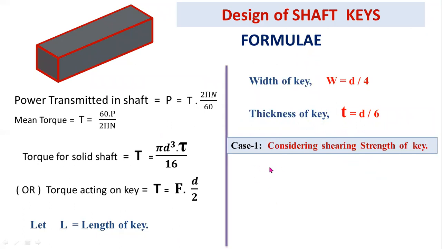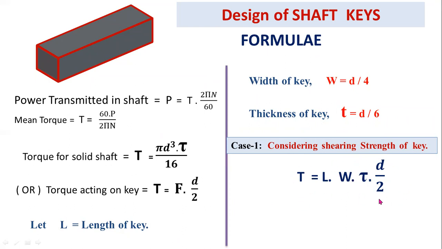For checking the strength of the key, we are using this formula: torque T equal to L into W into tau into D by 2. L is the length of the key, W is the width of the key, tau is the shear stress, D by 2 is the radius of the shaft.